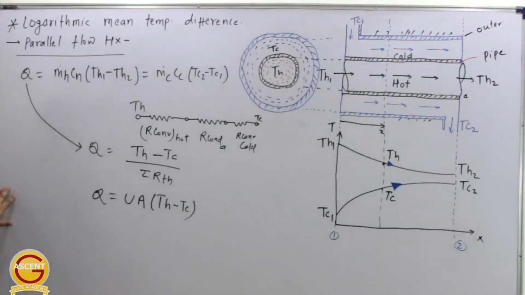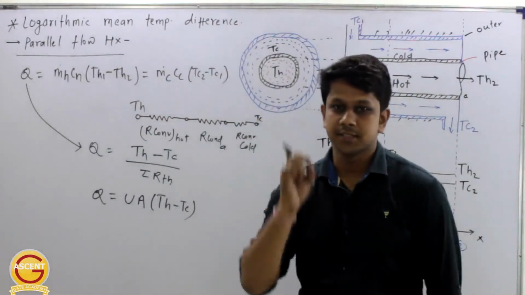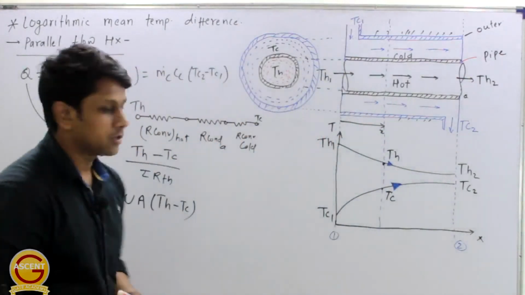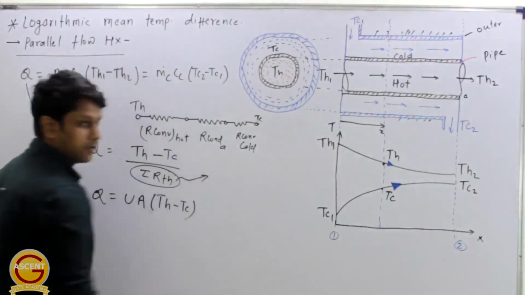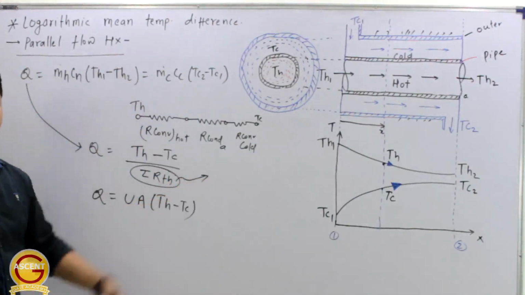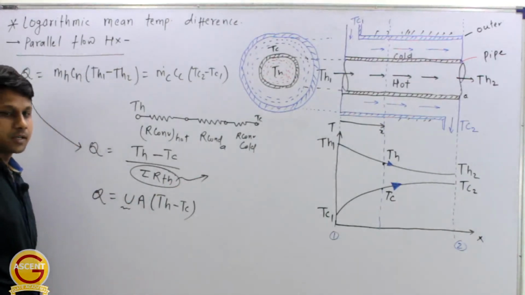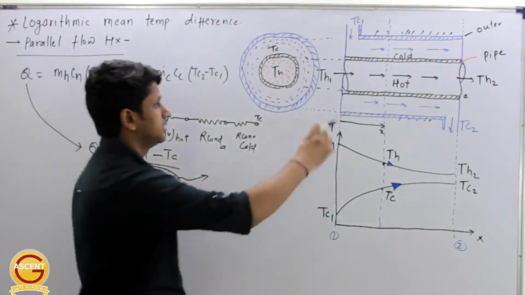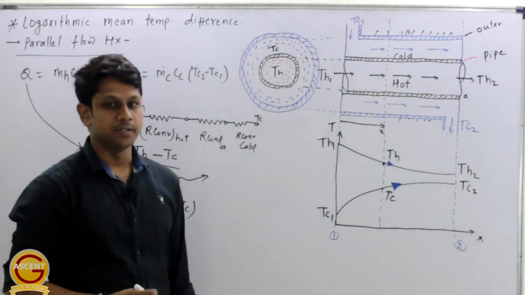correct? Because in the chapter on heat exchangers we are not dealing with the resistances. So when we come to this chapter, forget about thermal resistance. Always we will deal with the overall heat transfer coefficient, because if you want to calculate thermal resistance, you have to consider the thickness of each pipe, and the analysis becomes very complicated.